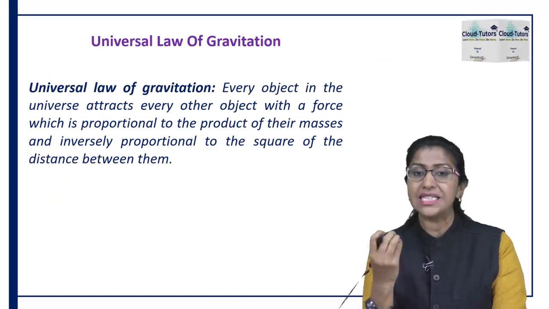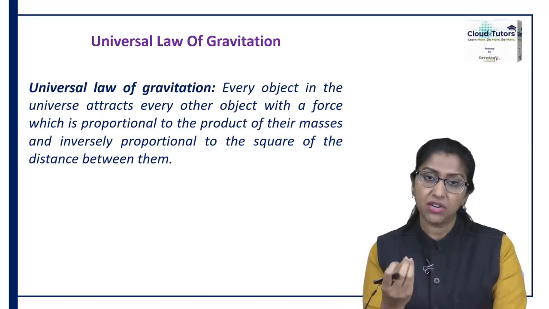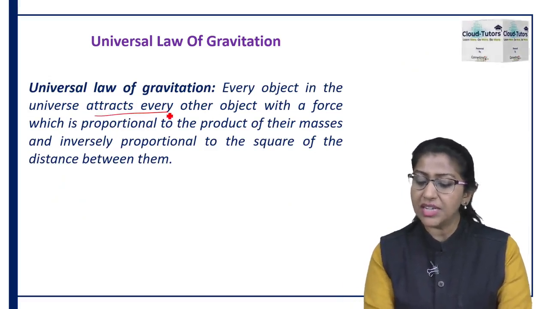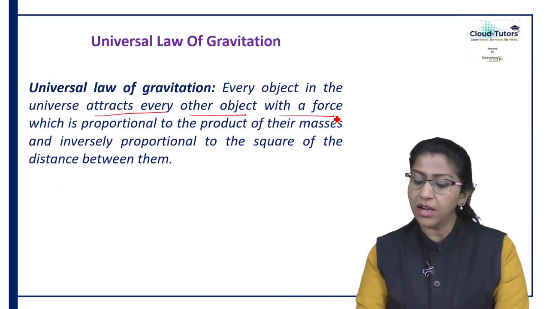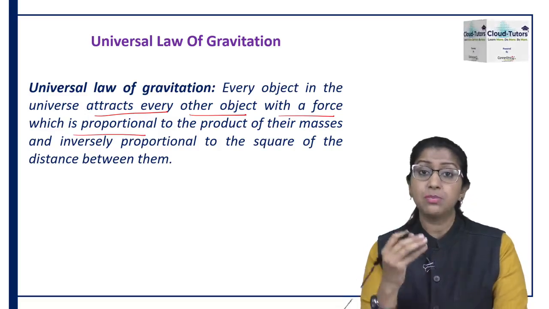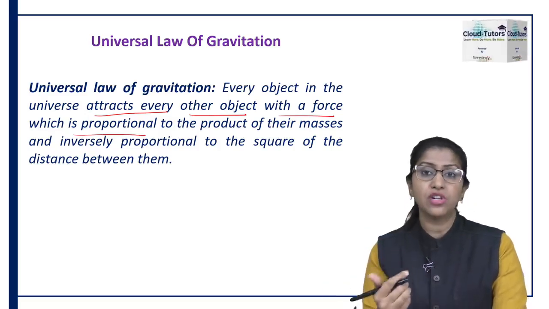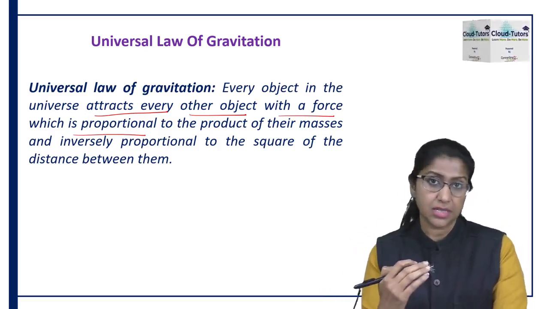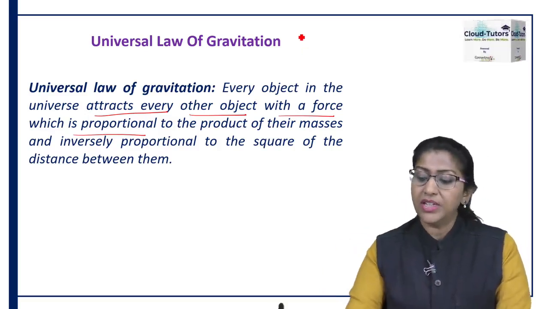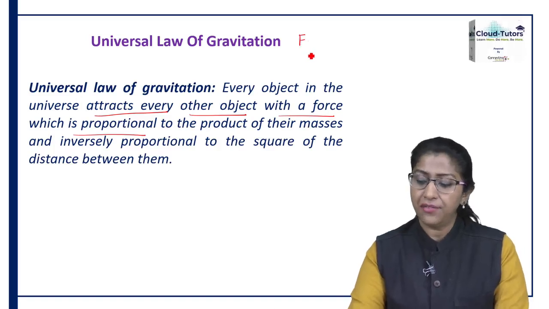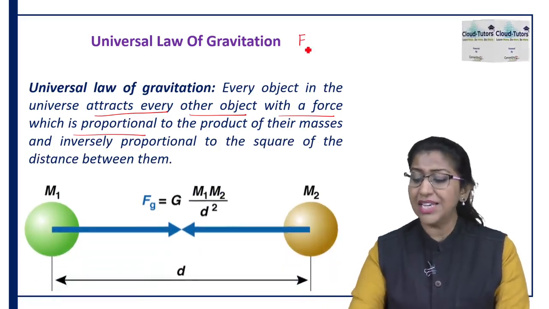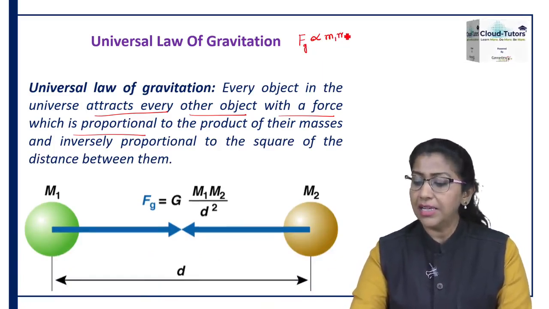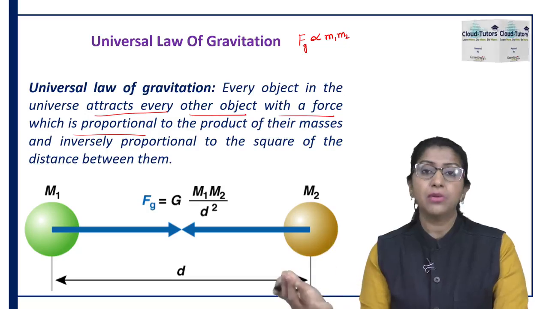The technical statement of this law is: every object in the universe attracts every other object with a force which is directly proportional to the product of the two masses and inversely proportional to the square of the distance between them. How do we do this? So Fg is directly proportional to m1 and m2, where m1 and m2 are the two masses.